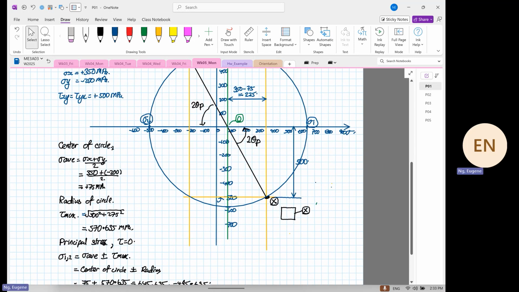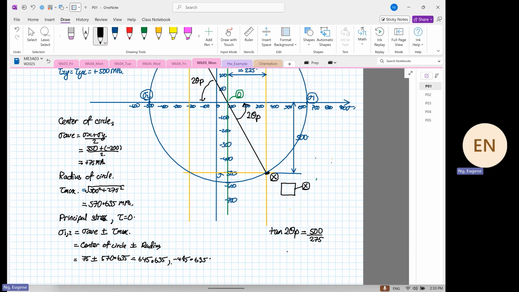So the next thing, this is the continuation. We are going to find out what is tangent 2 theta P. And this will be equal to 500 divided by 275. Okay? So from here, your 2 theta P will be equal to inverse tangent of 500 divided by 275.